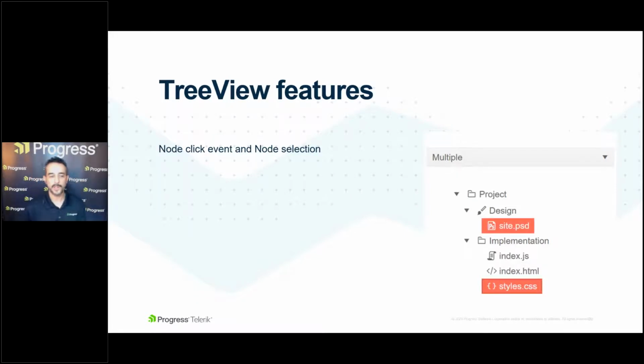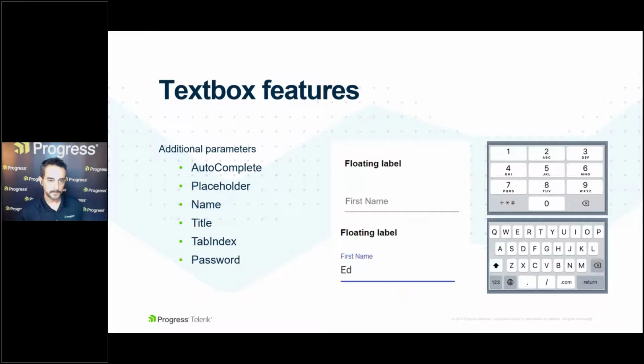TreeView's gotten some upgrades, some new events, and the ability to select single or multiple nodes. The text box has gotten some additional parameters that will help you customize that user experience. We have things like autocomplete, placeholder labels, name, title, tab index, and you can set the different types of text box.